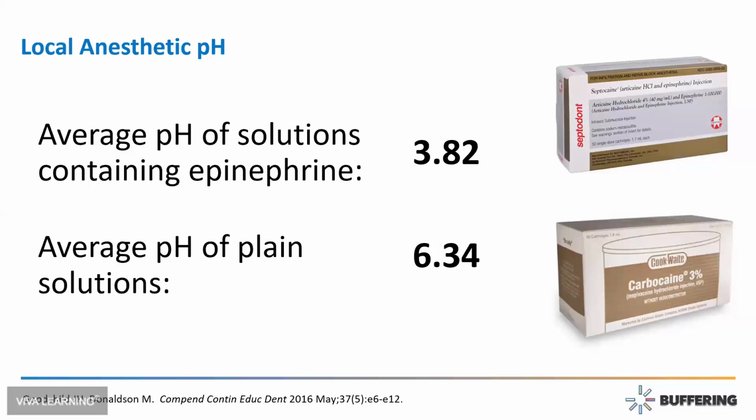What we found was that the average pH of the solutions that contain epinephrine was 3.82. The average pH of the solutions that did not contain epinephrine was 6.34. That makes a lot of sense why those drugs seem to work very quickly. Additionally, those plain solutions tend to pinch or sting less because they're not as acidic.